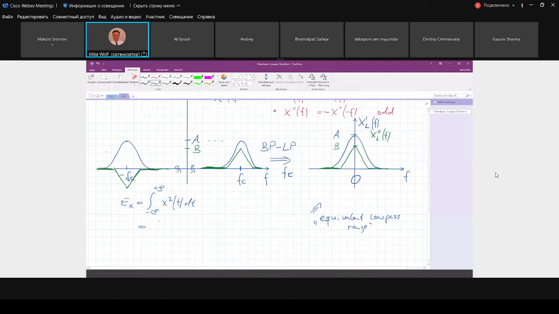So we just take a look at the integral from minus infinity to plus infinity of |X(f)| squared df. By the way, this is called energy spectral density, this |X(f)| squared, but it doesn't matter. It's just the theorem of Parseval, Parseval's theorem.